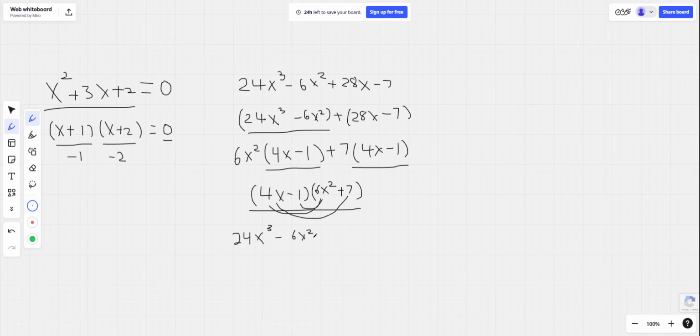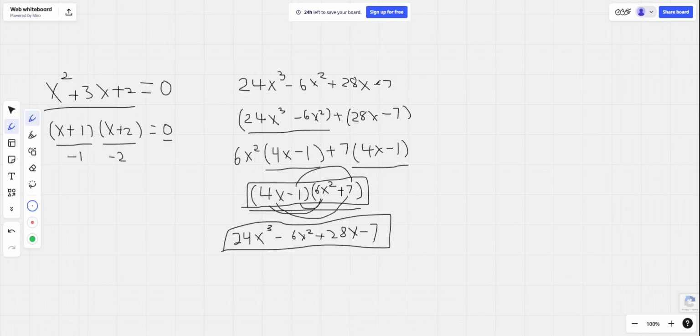Now 4x times 7 is 28x, and finally, negative 1 times positive 7 is negative 7. So now we check that our factorization is correct. So now this factoring problem is done, and this is the factored form of our original expression.